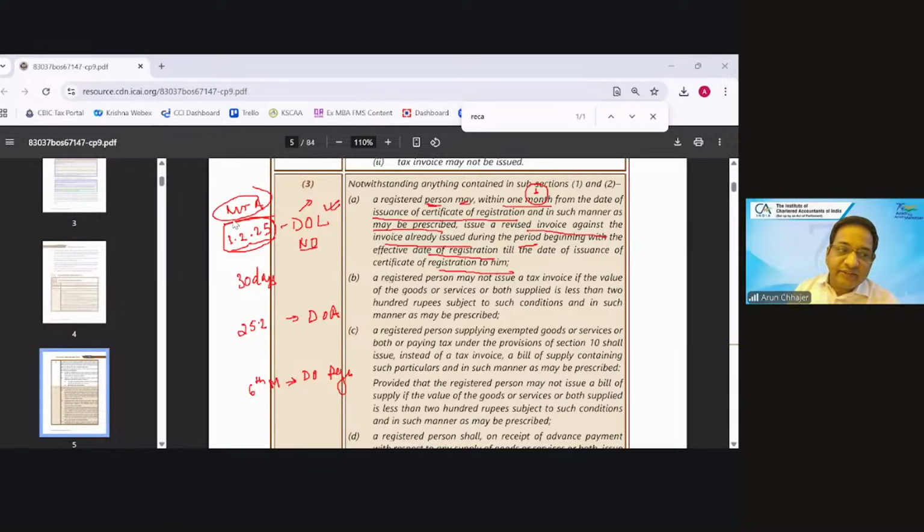Therefore, section 31 subsection 3 clause A says that once he gets the registration, he can issue the revised invoice. He can issue the revised invoice from the effective date of the registration till the date of issuance of certificate of registration to him.